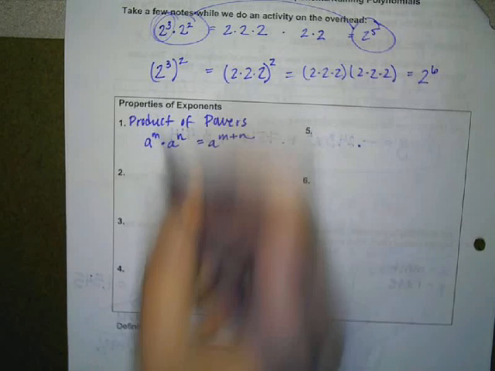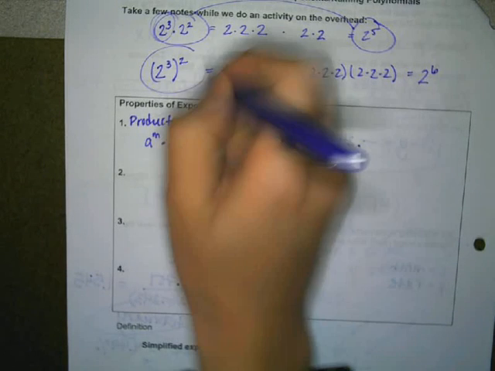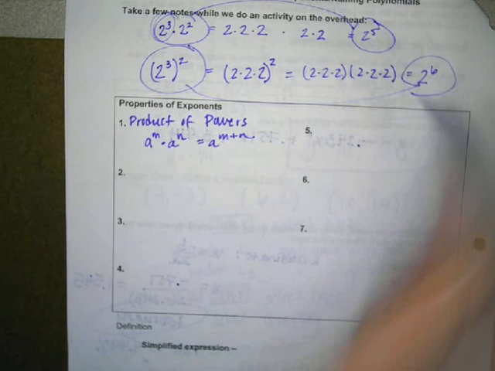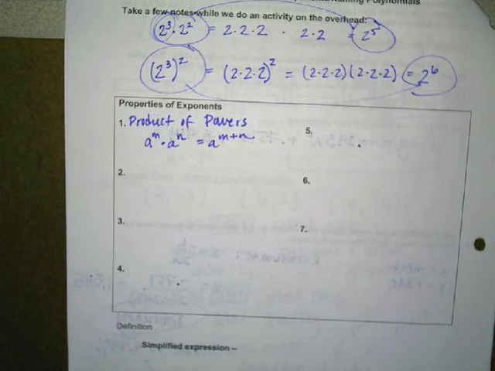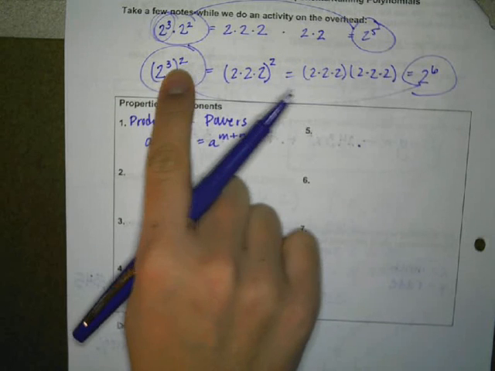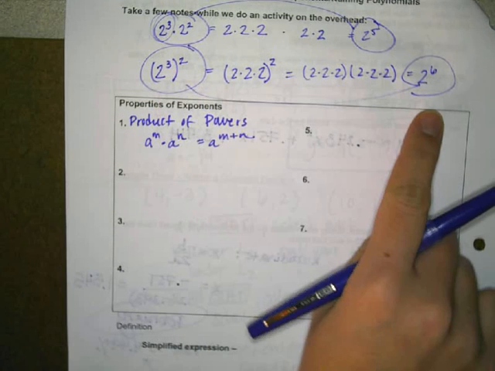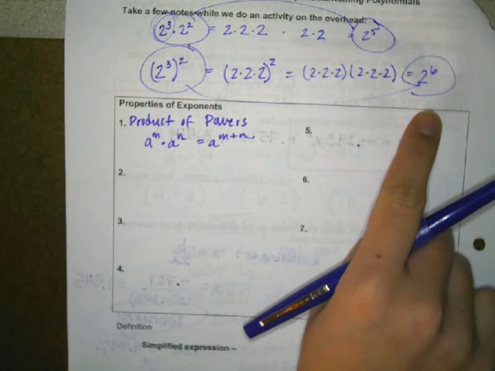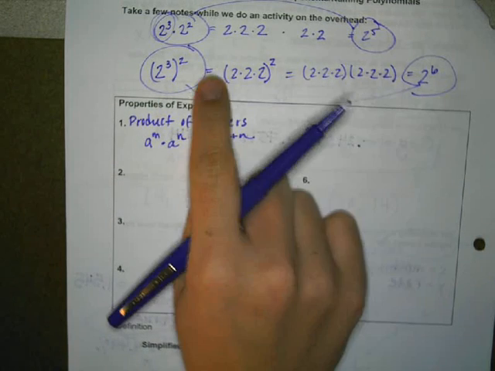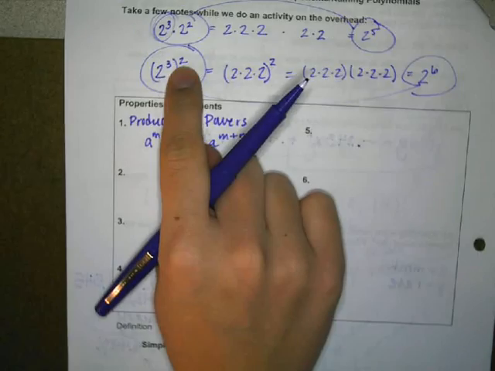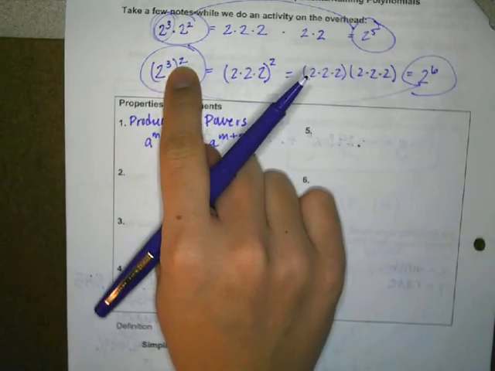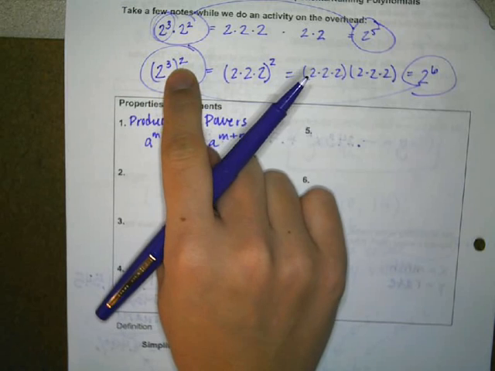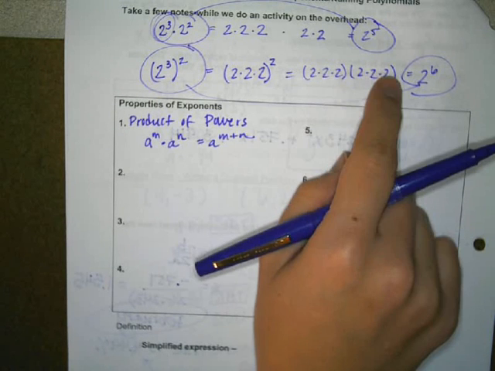Again, the reason we learn properties of different functions is because it usually makes shortcuts for us so that we can skip in between steps. So 2 cubed squared, what does it look like I did to the 3 and 2 there to get there? You multiplied. This is called a power on a power situation. If the exponents are right next to each other, that's when you multiply to get the final result.